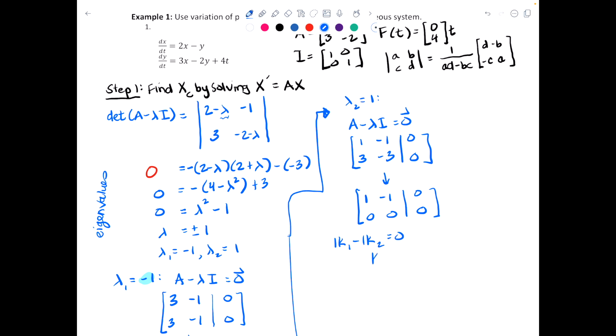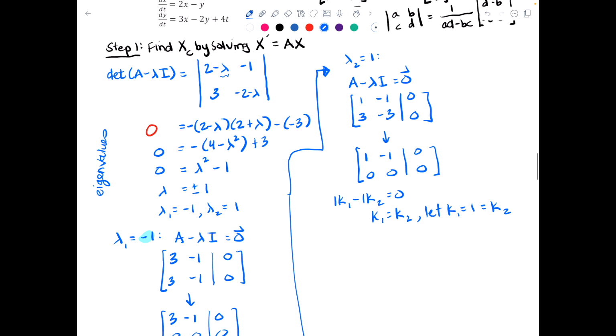That means K1 equals K2. If we let K1 equal 1, that would also equal K2. So the eigenvector K2 would equal 1, 1, or an eigenvector, because you could let K1 equal whatever you want. But might as well keep it easy, right? 1, 1.